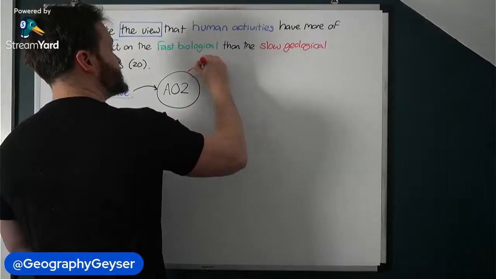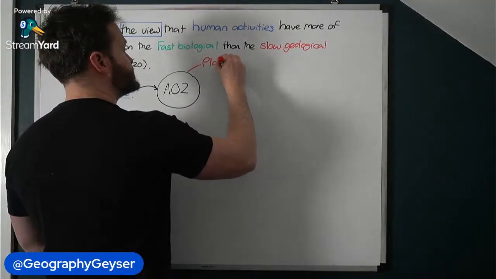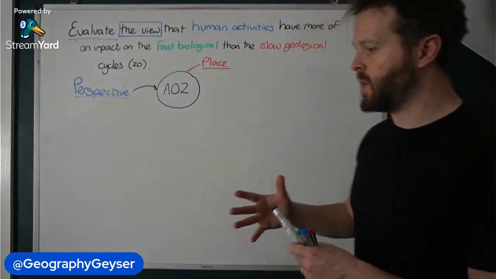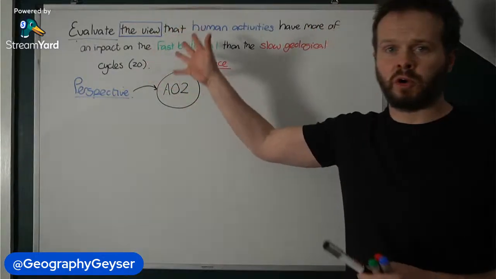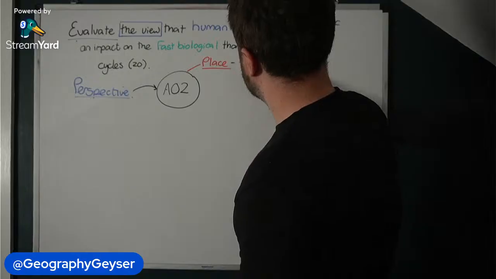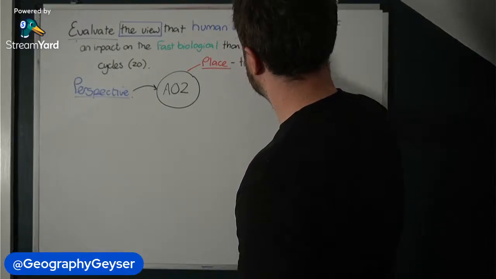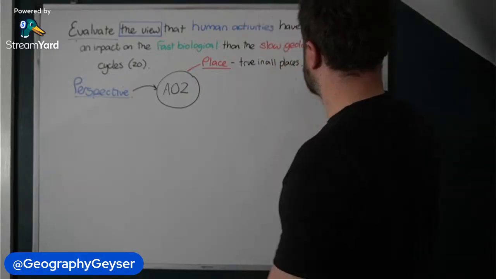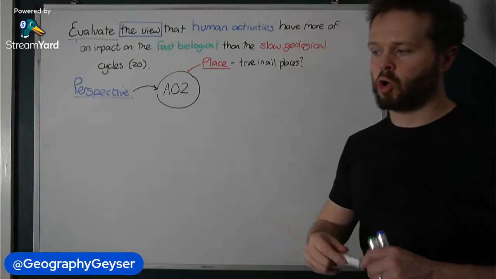The first of these is place. Okay, so the question that I get my students to ask is, when there's a viewpoint presented in an evaluate question, is this viewpoint true in all places? Yeah, is this true in all places?